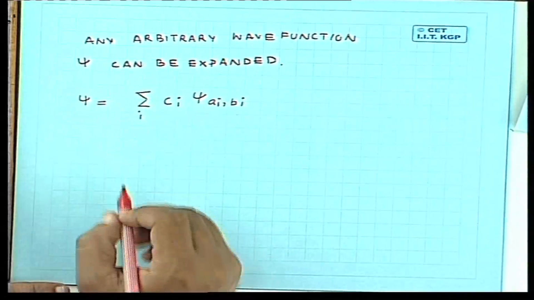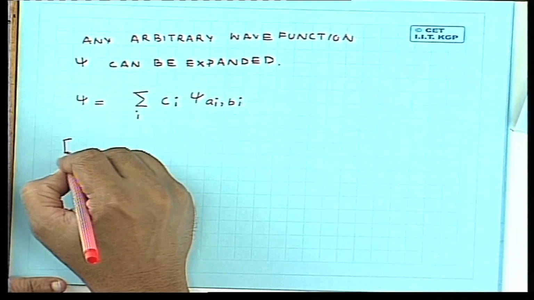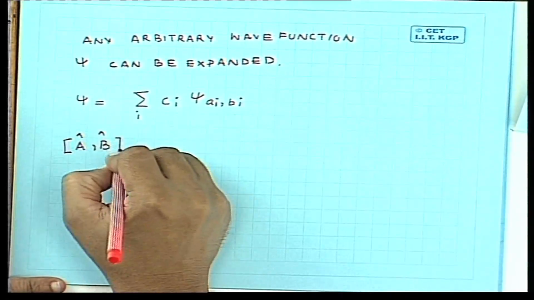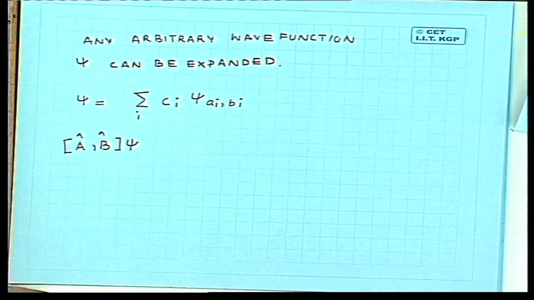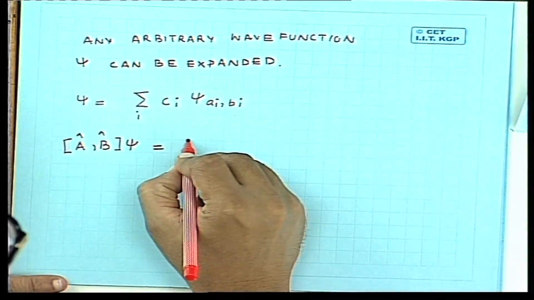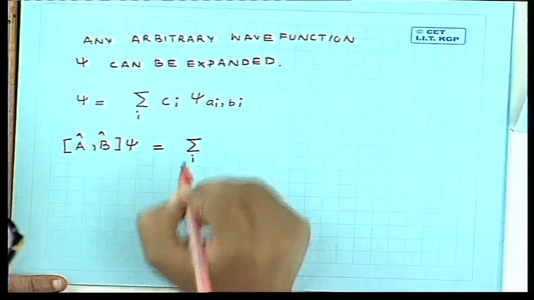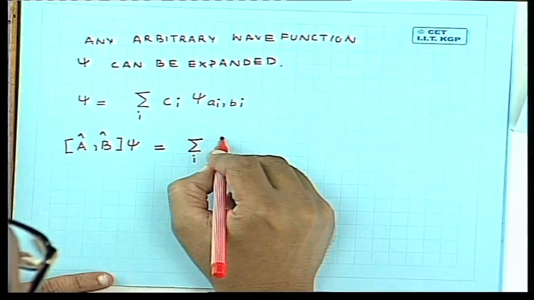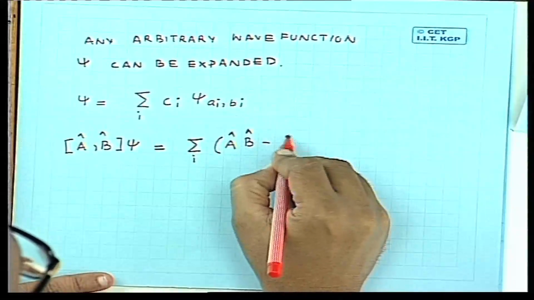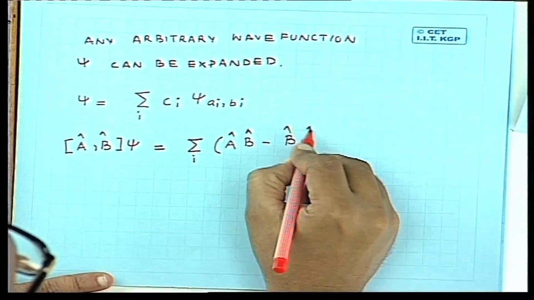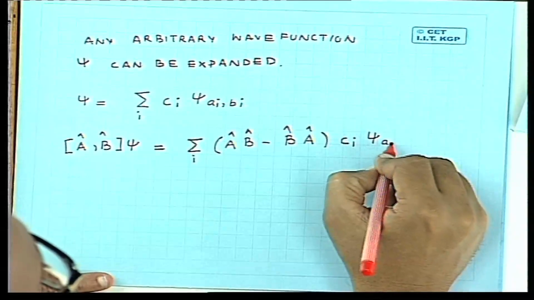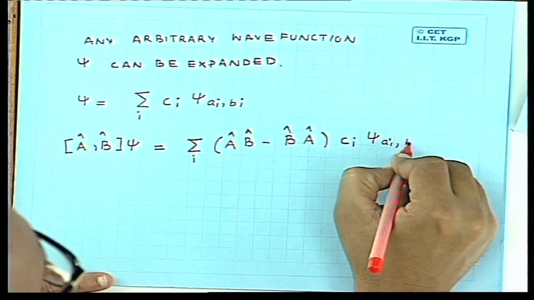Now let us work out what the commutator acting on psi is. The commutator is AB minus BA, and this will act on the sum of Ci psi ai comma bi.